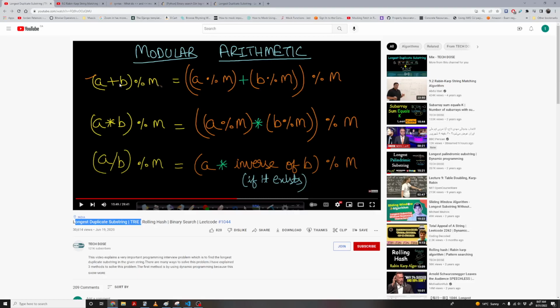So 21 plus 22 is 43. The mod, when we are using 10, is going to be 3. The other way: 21 mod 10 is going to be 1, and 22 mod 10 is going to be 2. So 2 plus 1 is 3. Mod of 10, it's still going to be 3.